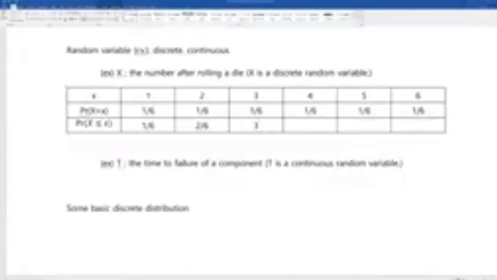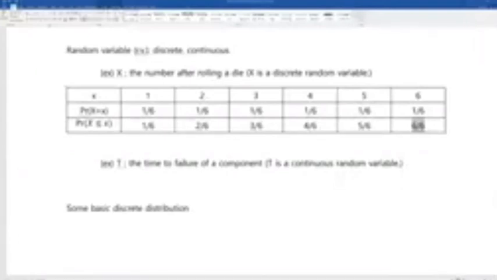So that is 3 over 6, and so on. So 4 over 6, 5 over 6, and 6 over 6. So it is a kind of cumulative distribution. These probabilities are gradually accumulated. And if 6 is the final element, then the final probability should be 1, because the sum of all probabilities should be 1.